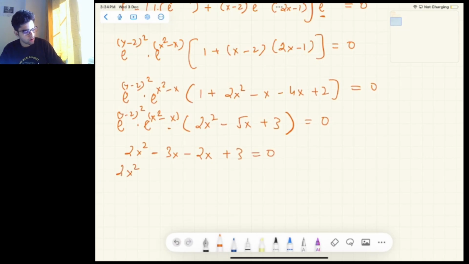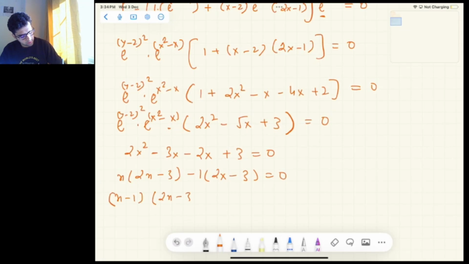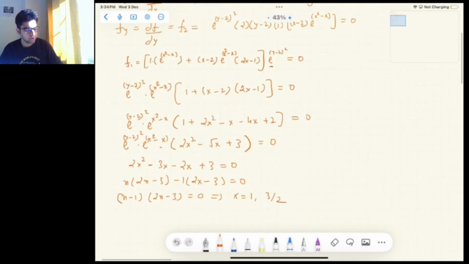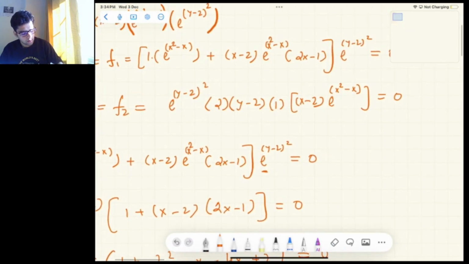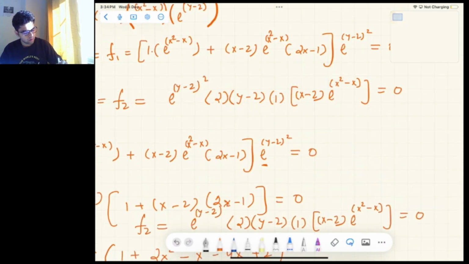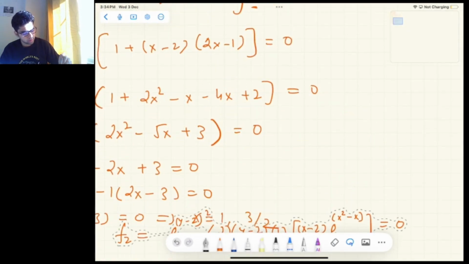So x(2x minus 3) minus 1(2x minus 3) equal to 0. So (x minus 1)(2x minus 3). Therefore we get x is equal to 1, 3 by 2. Now I'll use the second expression, which I got by equating the partial derivative with respect to y equal to 0. So I'll just take this expression.